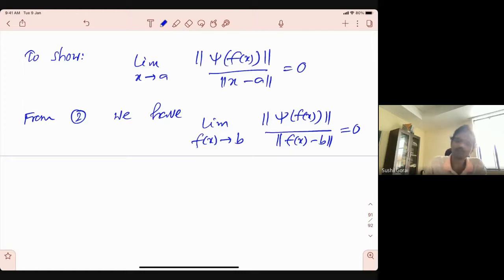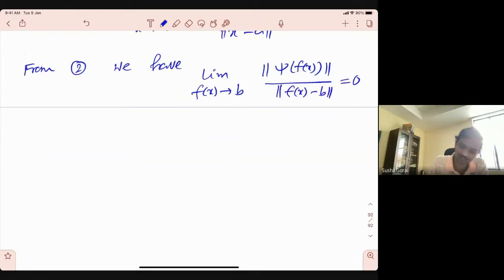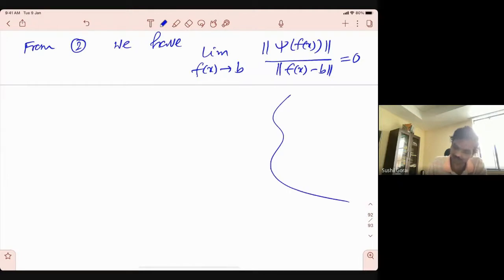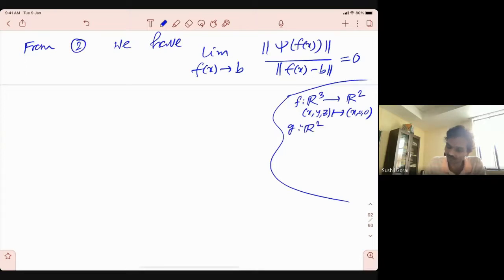This might not cover all the directions because you can look at f from R3 to R2 given by x, y, z to x comma 0 comma 0, and g from R2 to R, let's say g of x y is x square plus y square.